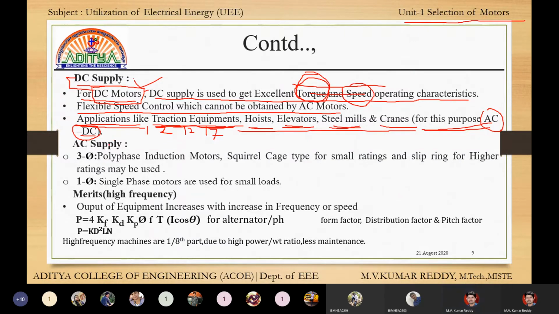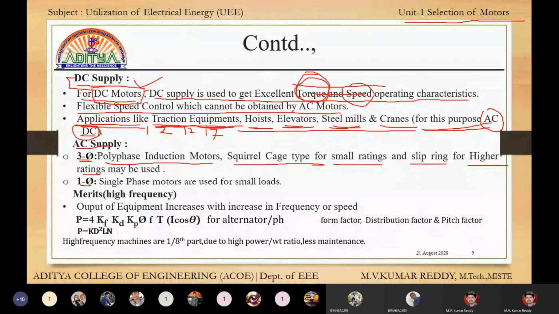Next, AC supply. In AC supply we have three phase and single phase. In three phase we use polyphase induction motors: squirrel cage type for small ratings, and slip ring for higher ratings. Already we discussed that each and every topic is studied in the direction of motors only.